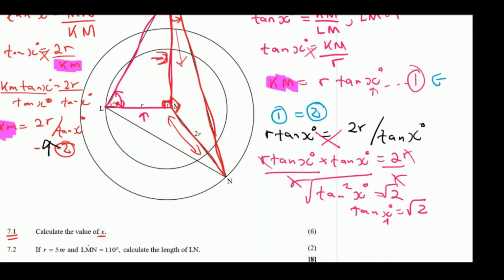Because we want this x degrees, we're going to say x degrees equals inverse tan of root 2. So x degrees is going to be equal to 54.74 degrees. So this is the value of x that we are looking for here.